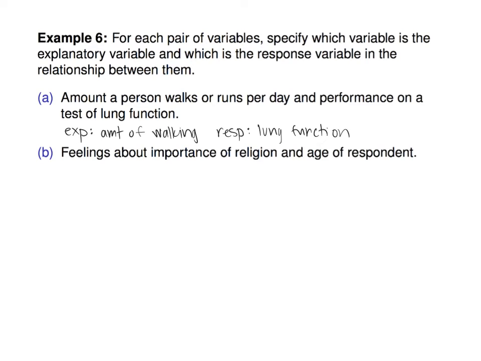All right, feelings about importance of religion and age. So the religion probably isn't going to influence your age, so probably the other way around. The explanatory variable is the age, and the response variable is your feelings about religion.